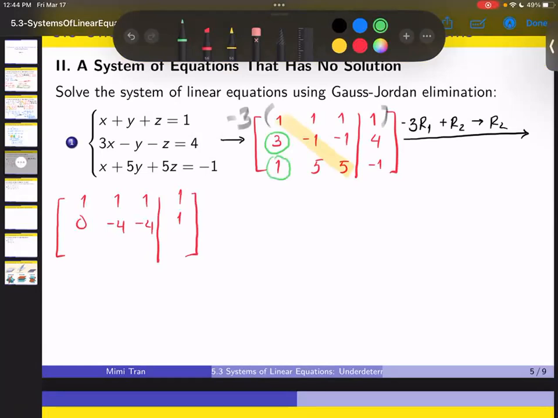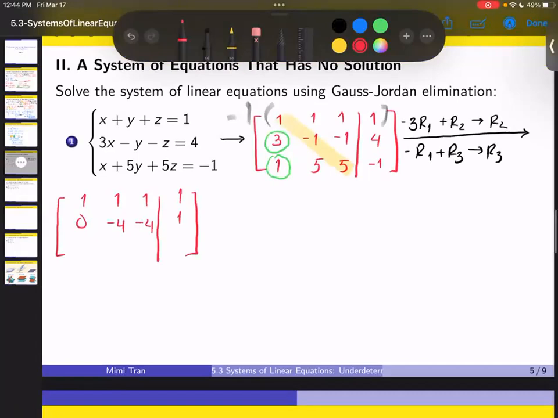Someone tell me how to eliminate that 1 on the third row. Kobe, do you want to keep doing it? All right, good. So you got the idea, right? Negative R1, add R3, gives me the new R3. It's very repetitive.